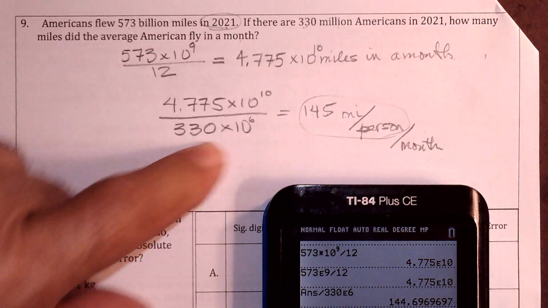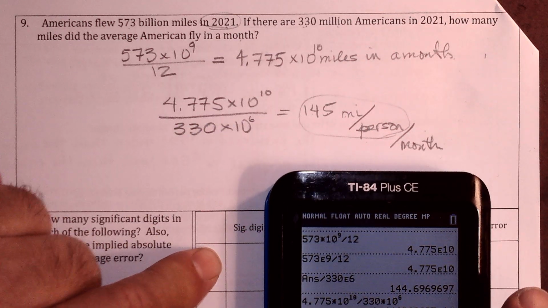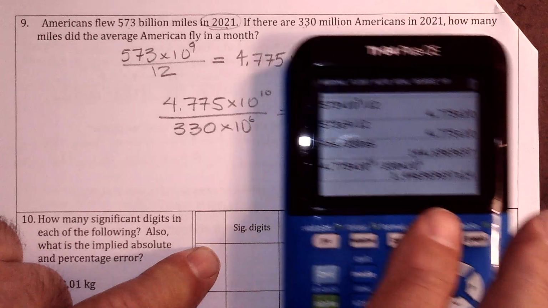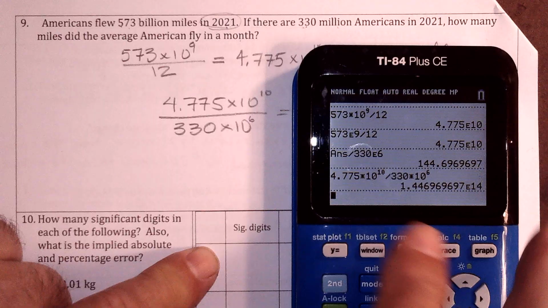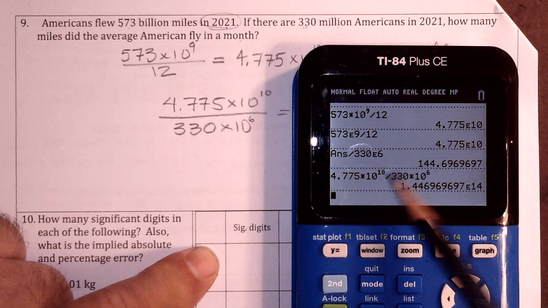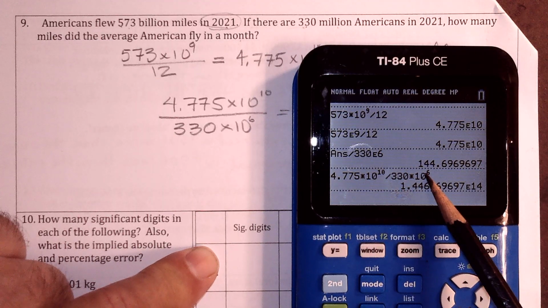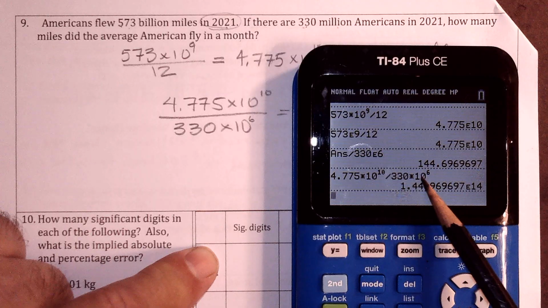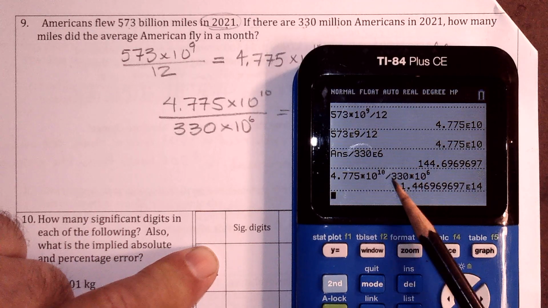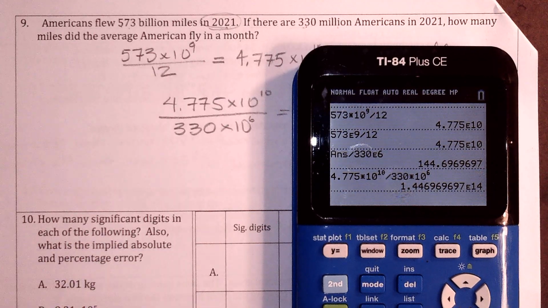We got not 145, but 101.45 times 10 to the 14th. And that's because if you type it in this way, it's going to take this number divided by the 330, which is good, but take that answer times 10 to the 6 and not divided by 10 to the 6. So to get it to divide by all of this, you need to put that in parentheses on any calculator.